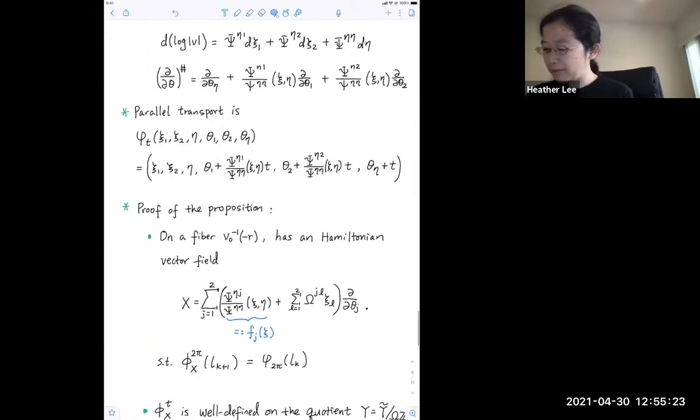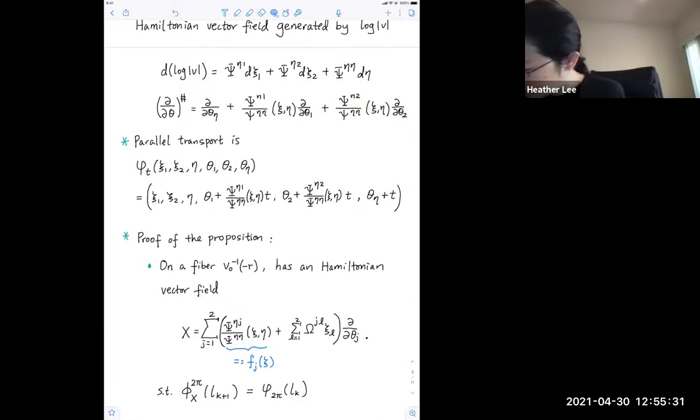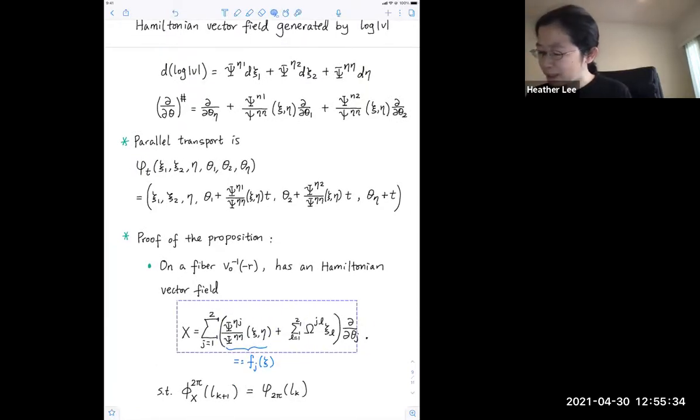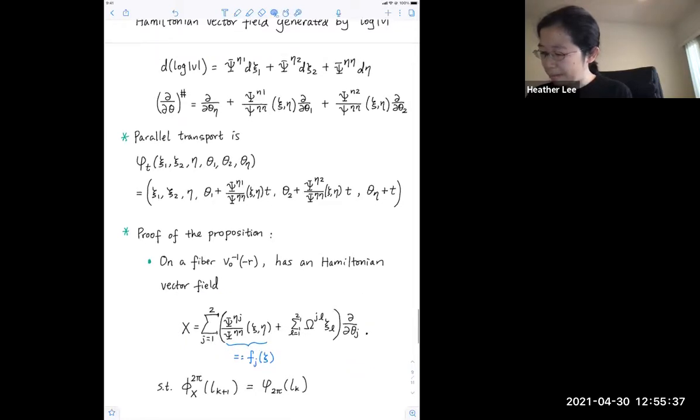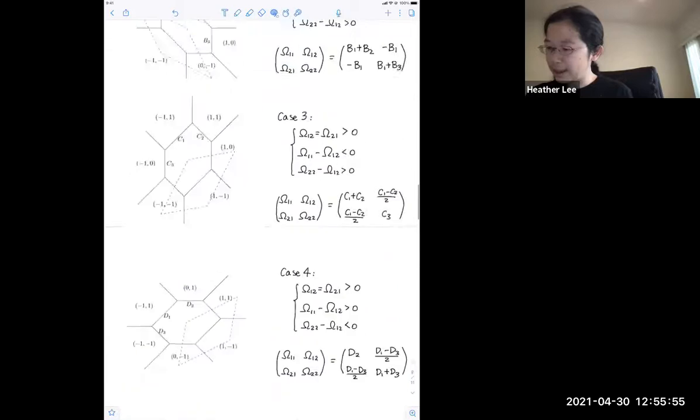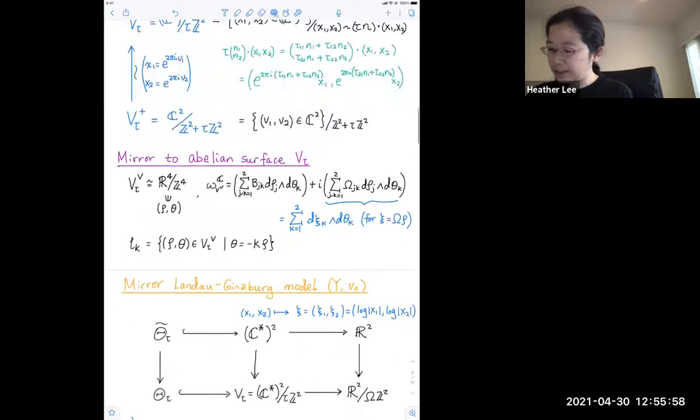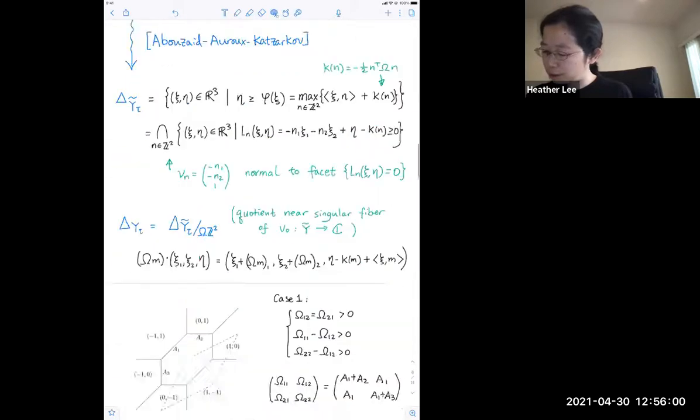That Hamiltonian vector field is just given by this formula, which you can get just by looking at this parallel transport. If we have a Hamiltonian vector field like this, we look at the flow for time 2π on this Lagrangian L_{k+1}, which has a formula that tells you how theta changes with respect to the rho.